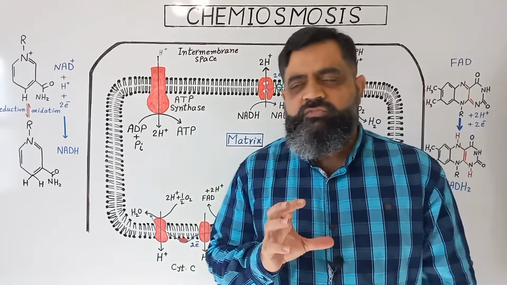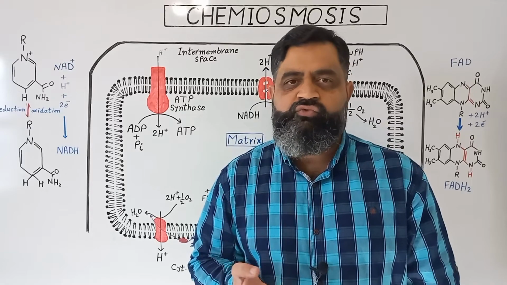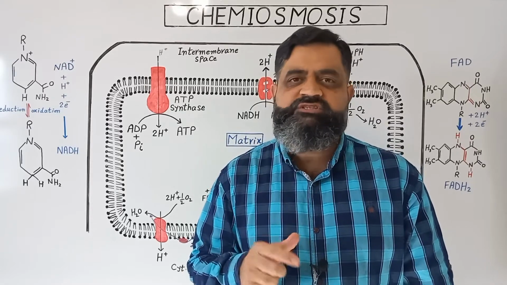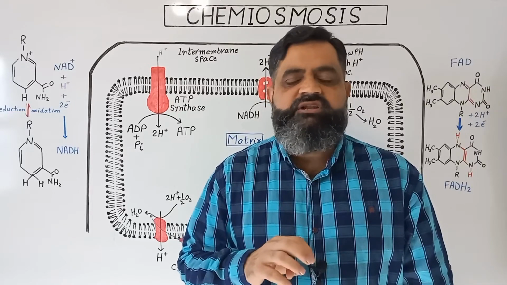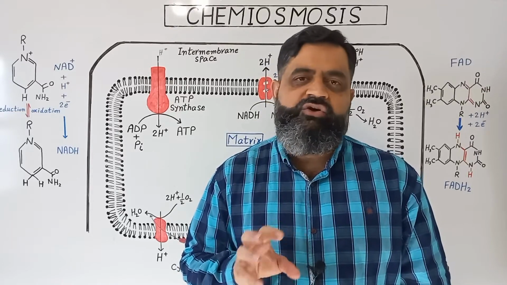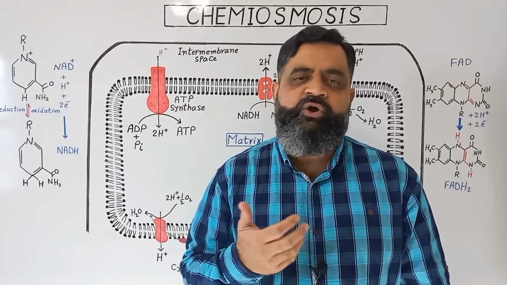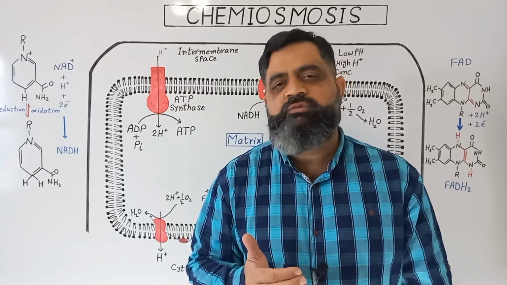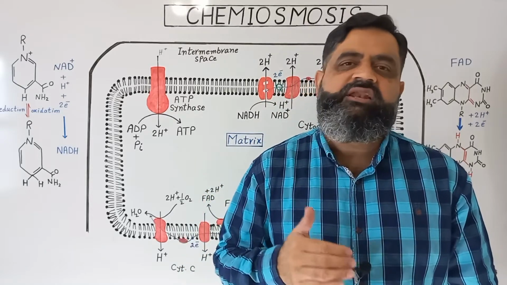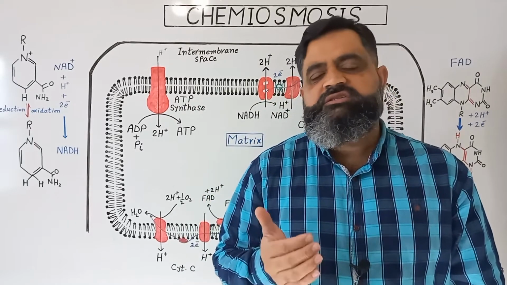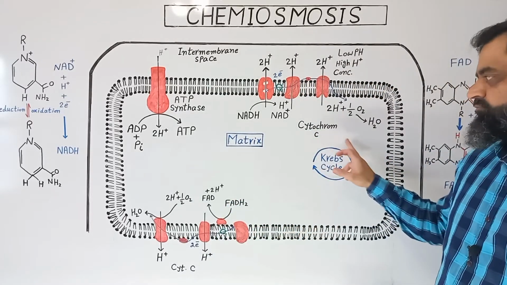Now, the cell utilizes glucose. Whenever we eat any kind of food, it is converted into glucose, which is supplied to the cells of the body. When glucose enters our cells, the process of glycolysis takes place and the glucose molecule is broken down into pyruvate molecules. Then pyruvate molecules are converted into acetyl coenzyme A, which enters the mitochondria where the Krebs cycle runs.